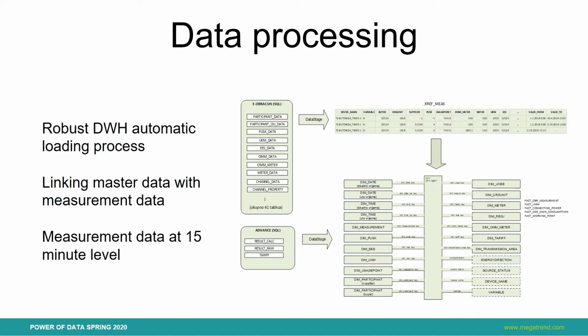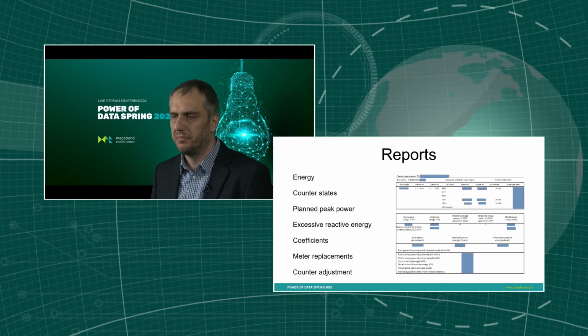That means there is a huge amount of data for every month, for every measuring point, for every 15 minutes. And master data is specific because all entities have a valid from, valid to period, which is very important to take care of when connecting it with the measurement data.